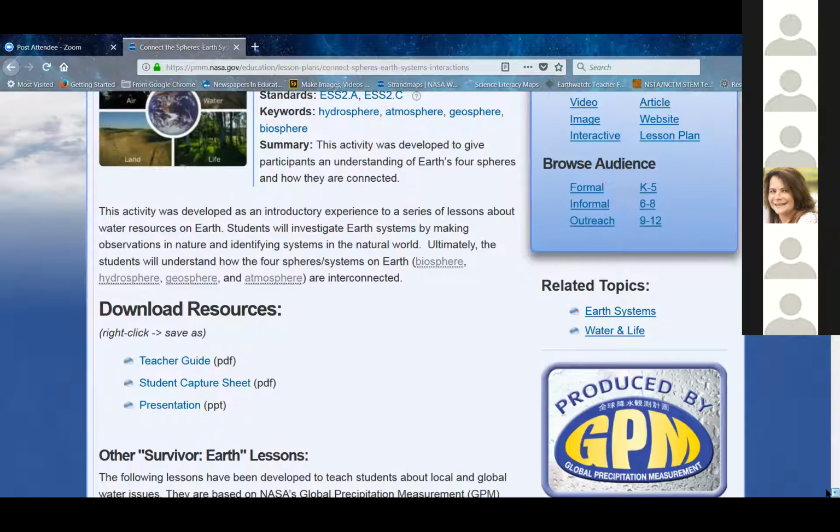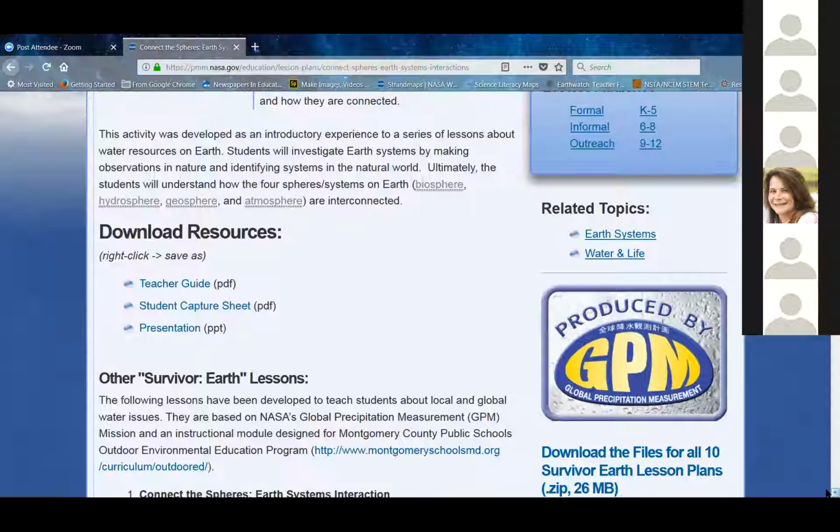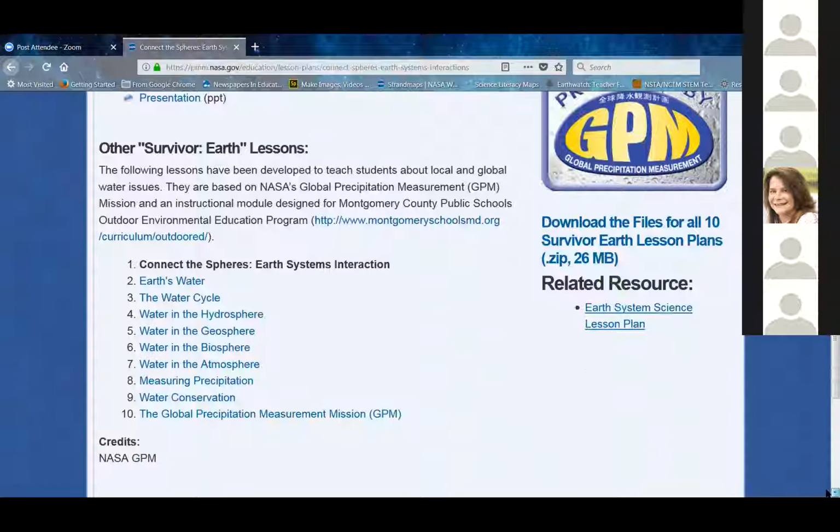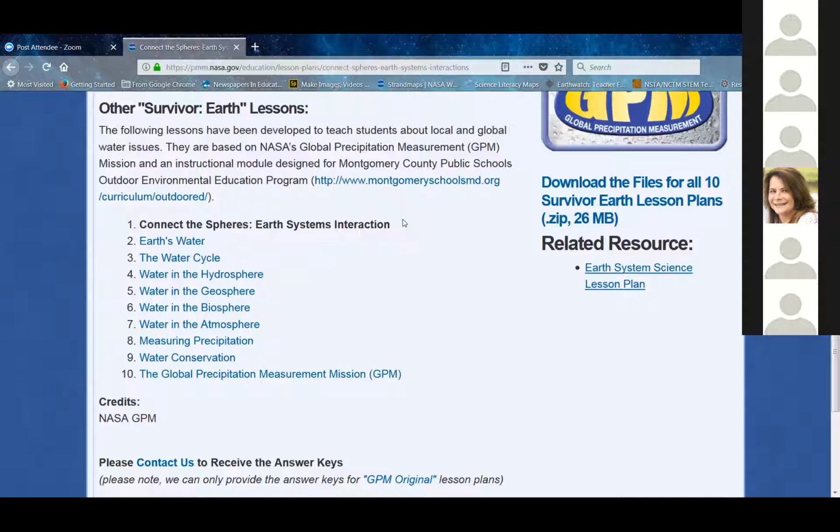I find, especially for elementary, they have little data sheets for the kids that teach them what the different spheres are, the hydrosphere, the pedosphere, and the biosphere. And there's a little PowerPoint presentation that goes with it as well.